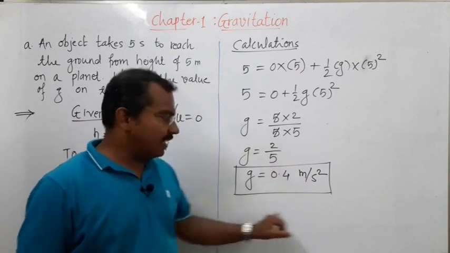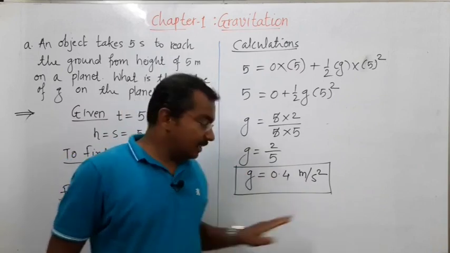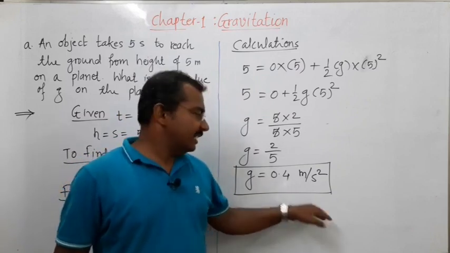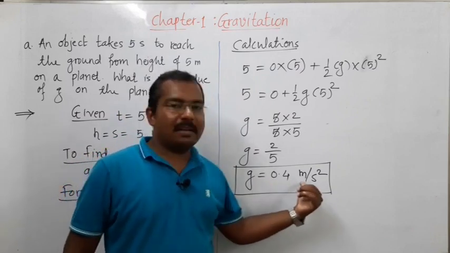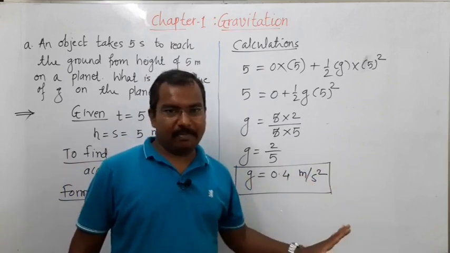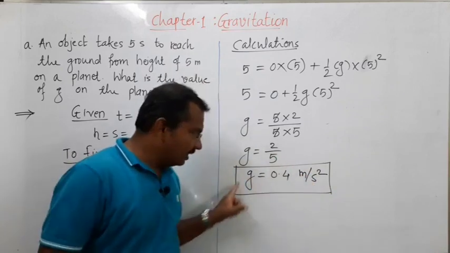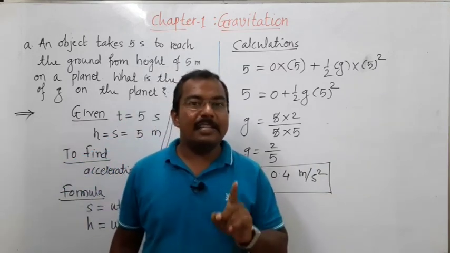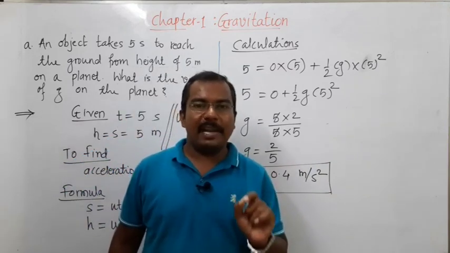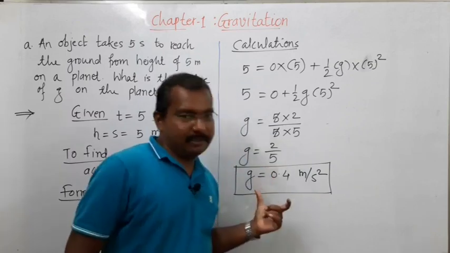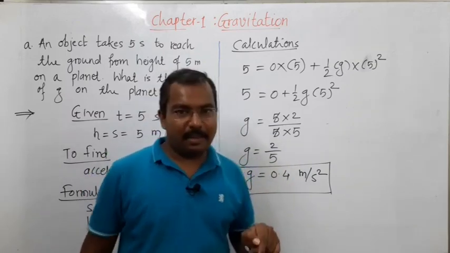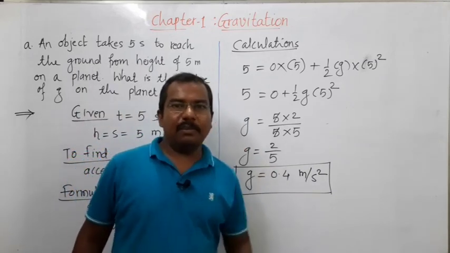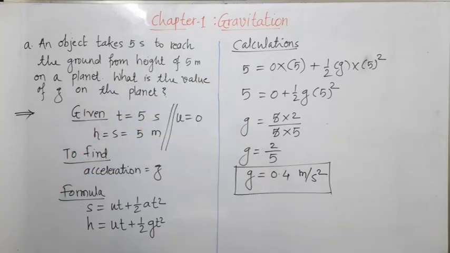You can write the answer in a separate line also: the acceleration due to gravity on the planet is 0.4 meter per squared second. Or at least you can put the box so that you can highlight the answer, and don't forget to write the unit. Always write the proper unit for the answer. The solution is here. You can pause the video and take it down.